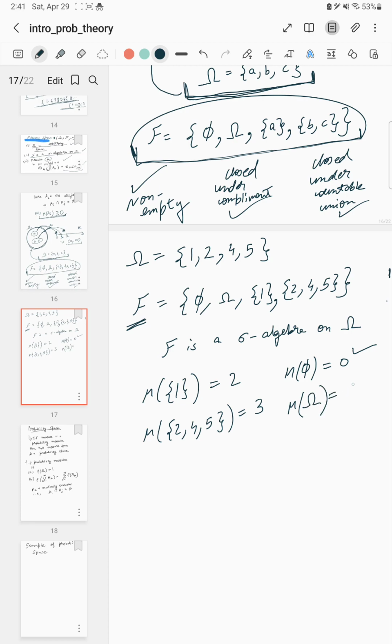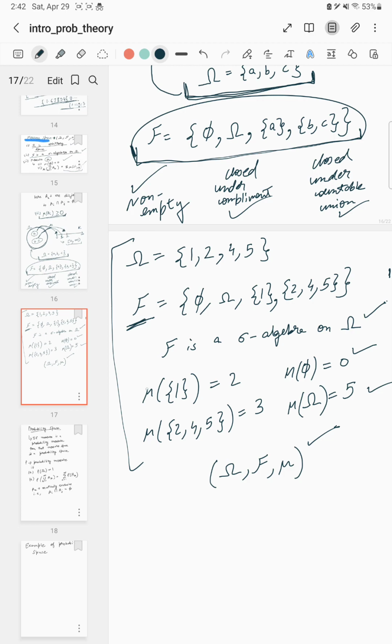And let's say mu of omega, what would it be? It would be 2 plus 3, which is 5. So this is an example of a measure space. So we can say that omega, F and mu, which are defined like this, is a measure space. Why is it a measure space? Because F is a sigma algebra on omega. We have already seen this.